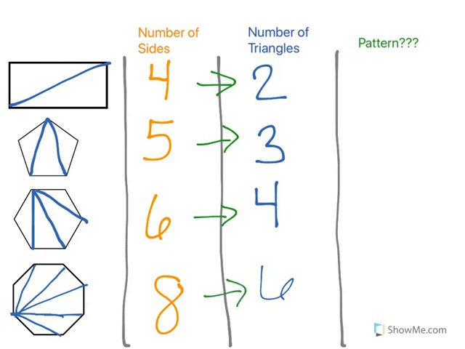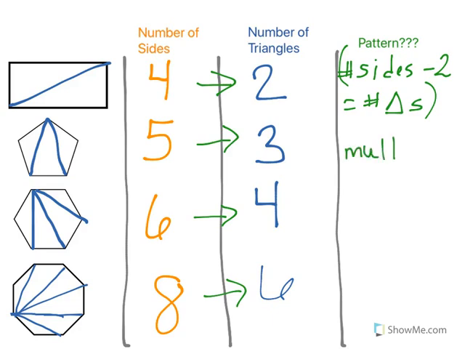And so that's what we hope students get to, is that they notice that the number of sides minus 2 equals the number of triangles. And then taking it a step further, they realize that taking all of that information then needs to be multiplied times 180, gives us our total interior angle sum.